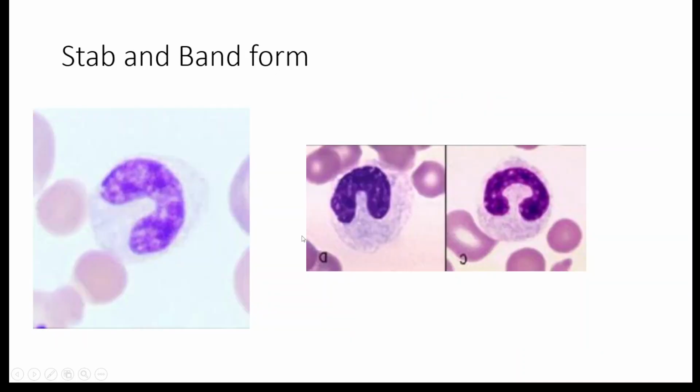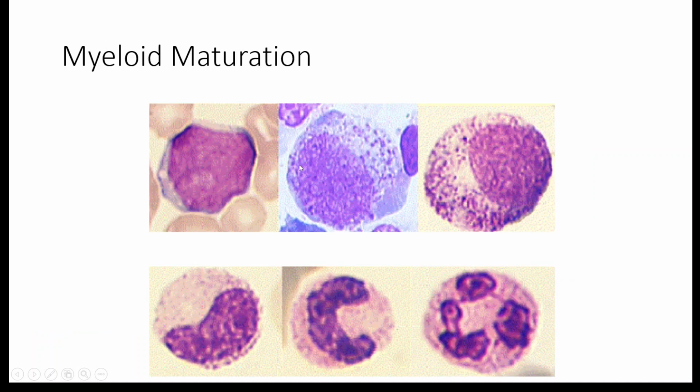These nuclear indentations start becoming more and more, so you get the band form. This is the typical State Bank of India sign, and when these band forms further increase, they result in the formation of lobes, and that's when the neutrophils start to occur. So if we talk about the series of maturation, first we have a myeloblast. The next series is the promyelocyte.